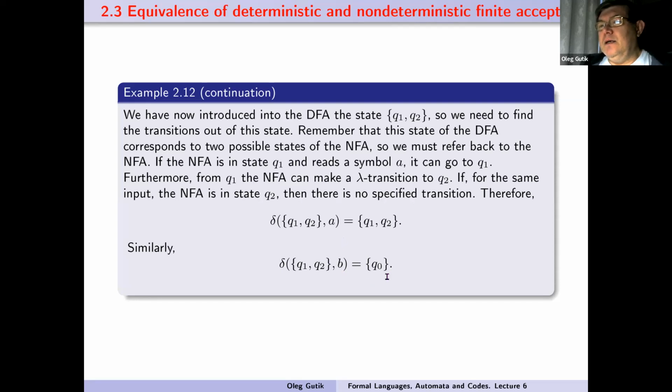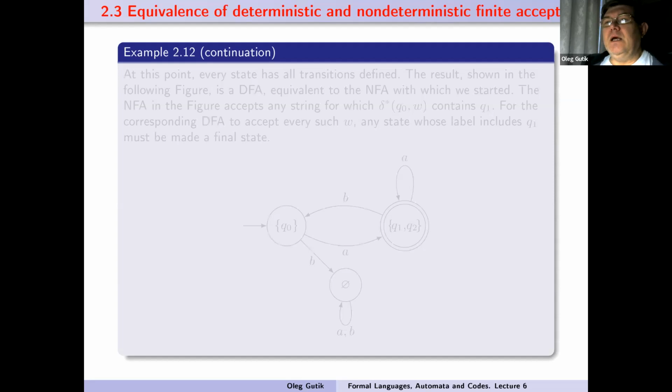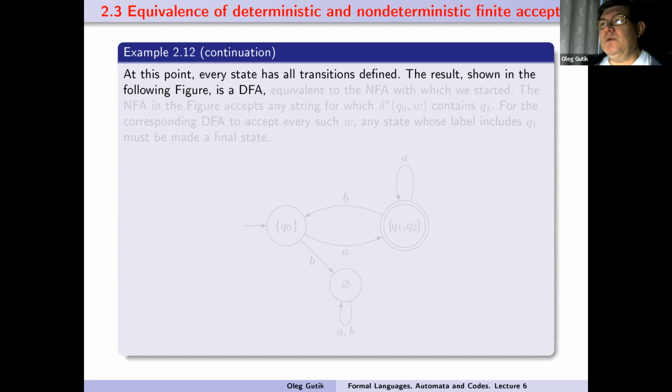And we denote the state of the deterministic finite acceptor as the set {Q1, Q2}, and the set which consists of the state Q0. At this point, every state has all transitions defined. The result shown in the following figure is a deterministic finite acceptor.